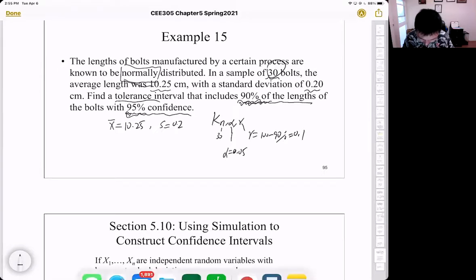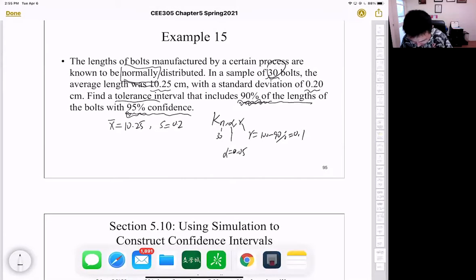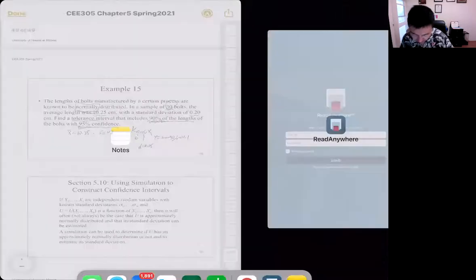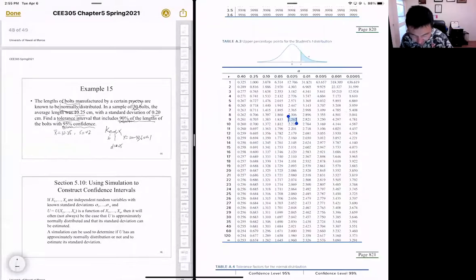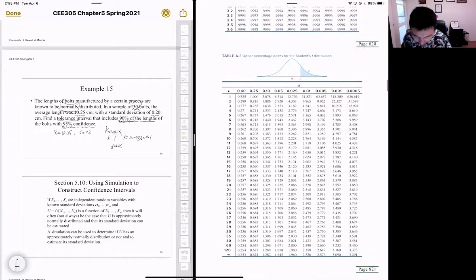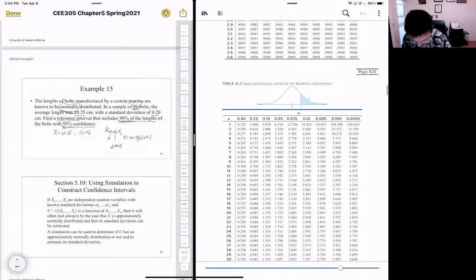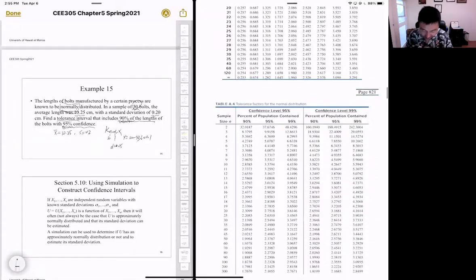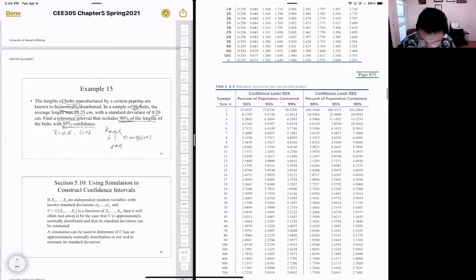Then let's look at the key value table, table 8.4. Table 8.3 is the Student's t distribution. Table 8.2 is the Z table. Here is table 8.4, the tolerance factor for normal distribution.